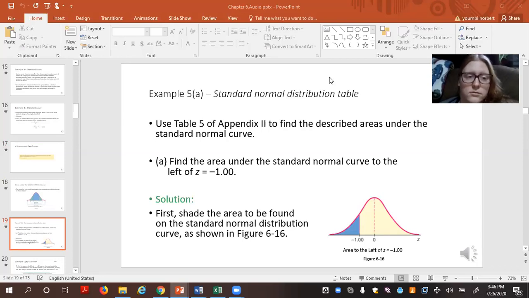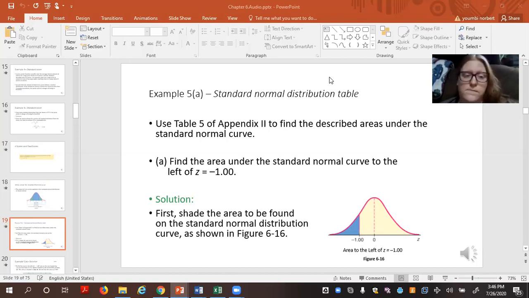So you press second function, then VARS, that is for distribution. Then you will see normal CDF. CDF stands for cumulative distribution function, or cumulative density function.